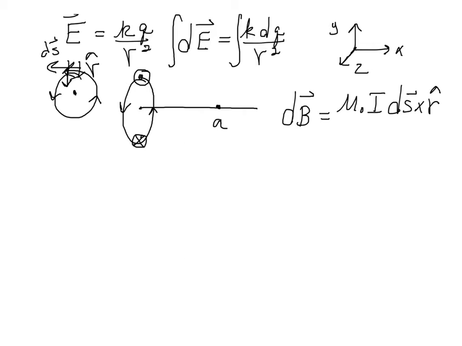And if you do that cross product using right-hand rule number 3, you cross the ds into the r hat and your thumb points out of the board. That indicates that the direction of the magnetic field at the center is, according to our diagram, in the positive k hat direction, coming out of the paper.